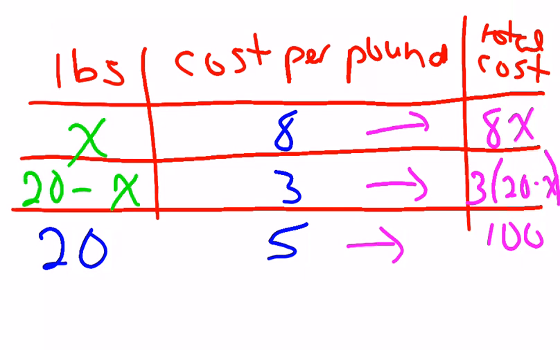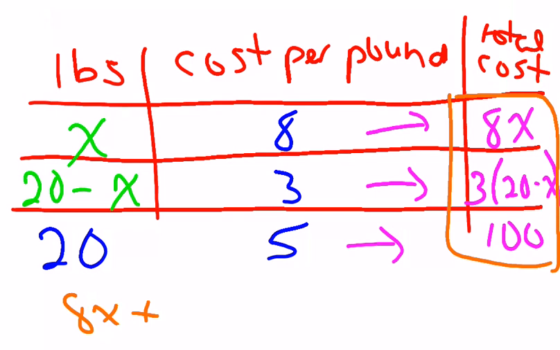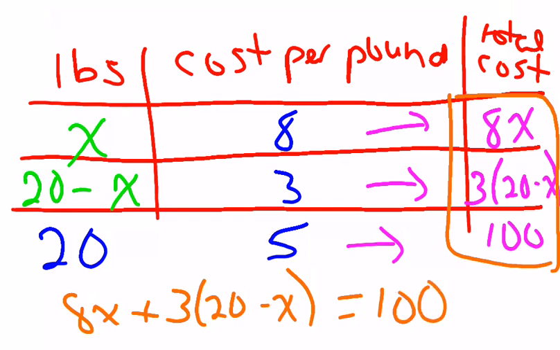So where does our equation come in? That is from this final column here. And so we add 8x plus 3 times 20 minus x equals 100. And we want to solve this equation.